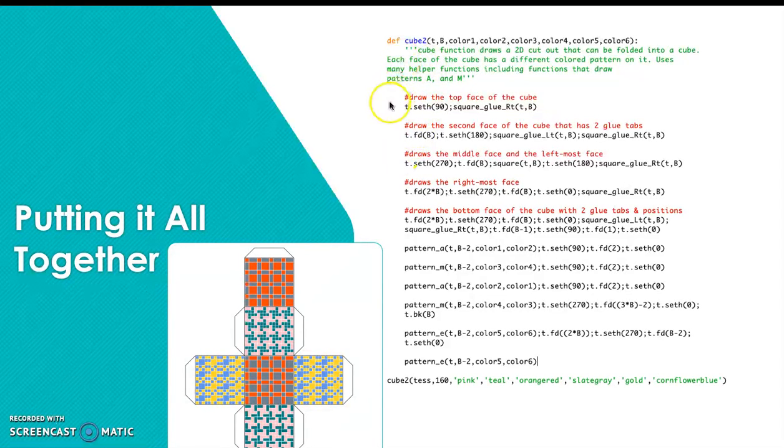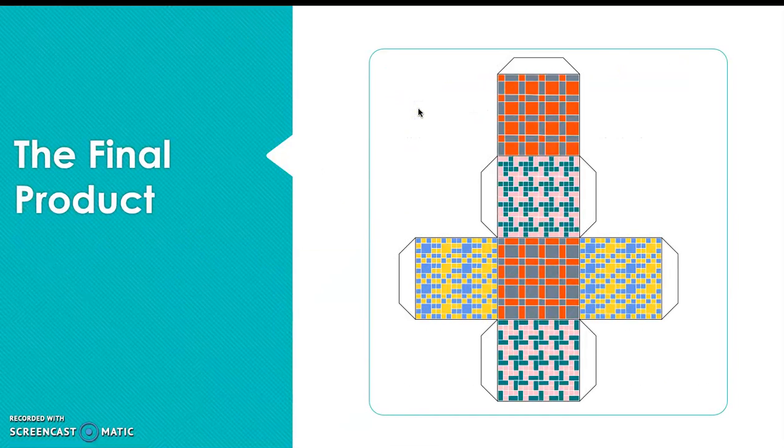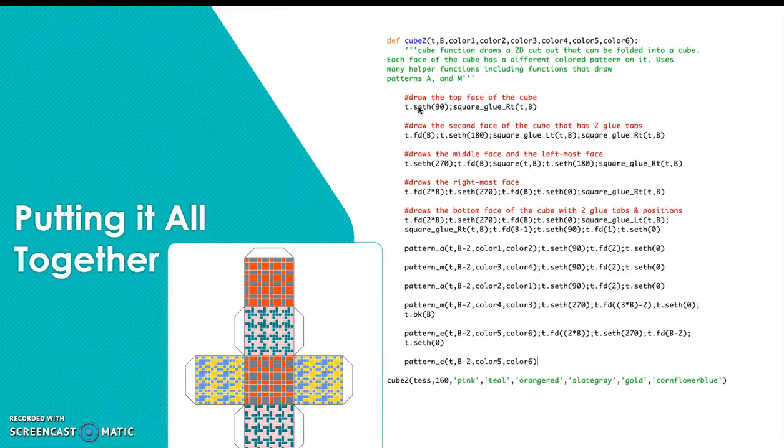As you can see, the first few lines of code are all about drawing the outline of the cube. That first line draws the top face of the cube. That's what we're working with. This set H sets the turtle to whatever position it needs to be in.